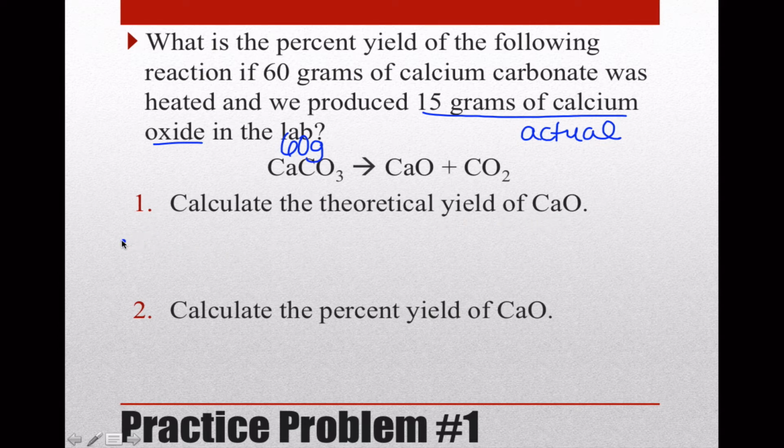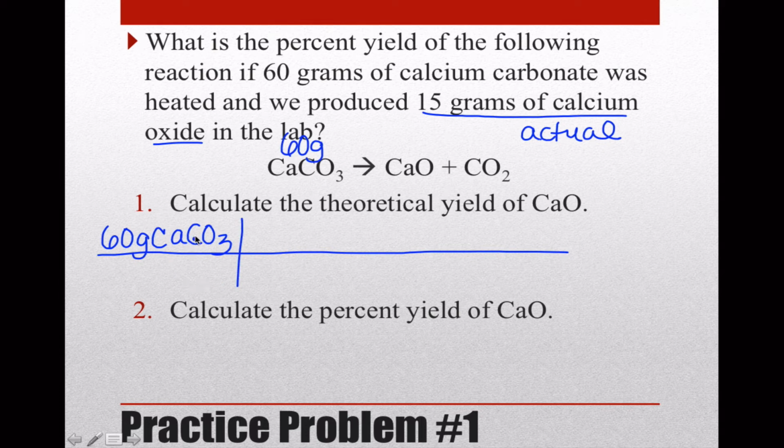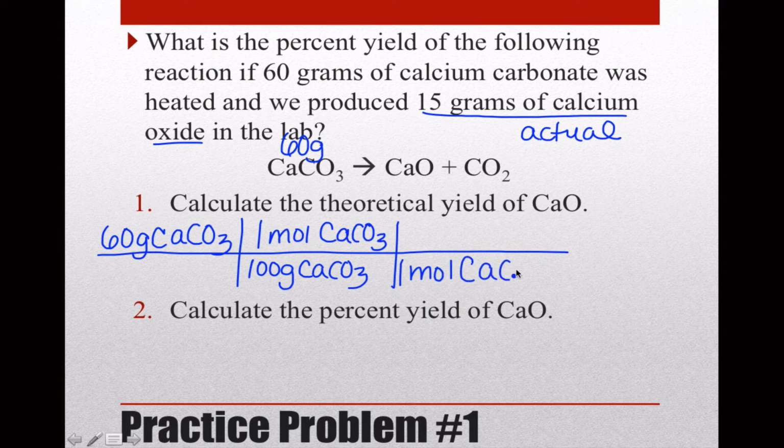So we start with what's given, which is the 60 grams of calcium carbonate. We run just a regular stoichiometry problem. If you add up calcium carbonate, you get 100 grams on the periodic table, and that is 1 mole. And then from the chemical reaction, it's a 1-to-1 ratio. So 1 mole of calcium carbonate is 1 mole of calcium oxide.